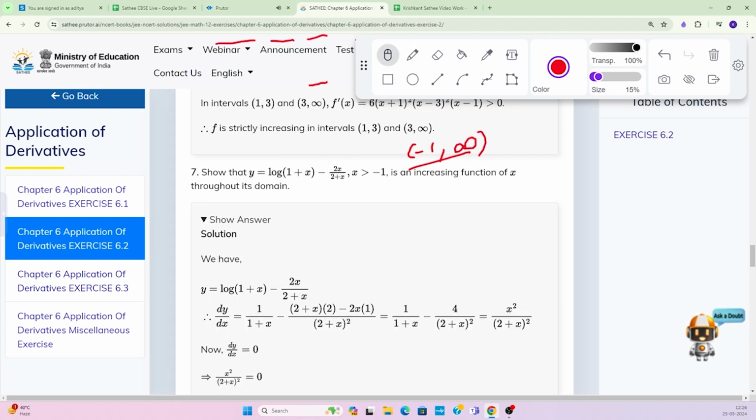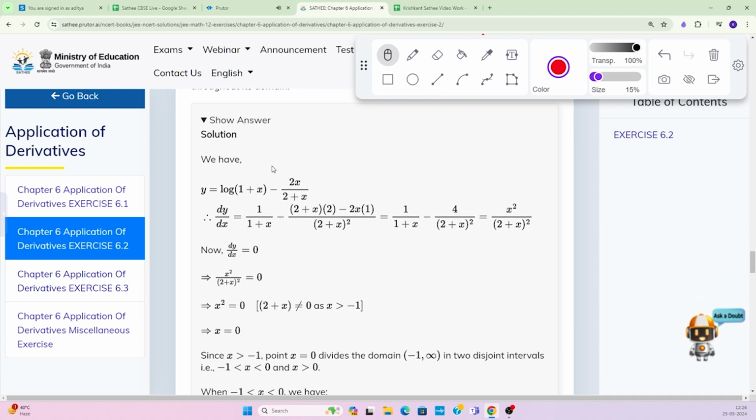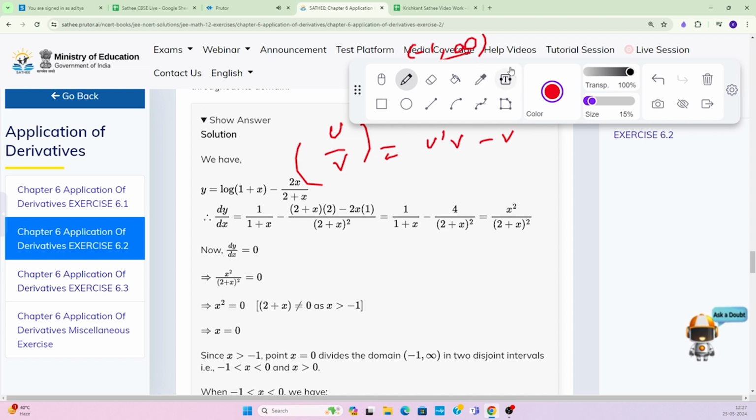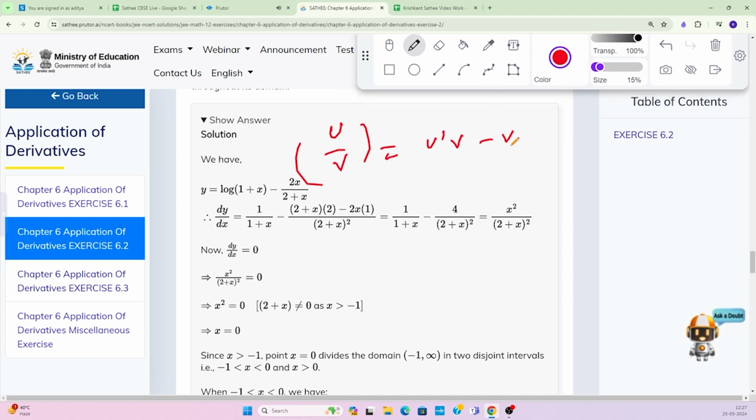First you have to find the derivative, obviously. The derivative of the log part will be 1 by (1 plus x), and for this part I will be using the quotient rule. The derivative of this is equal to U derivative multiplied with V minus V derivative multiplied with U, divided by V whole square.